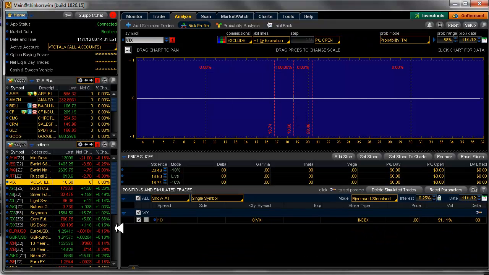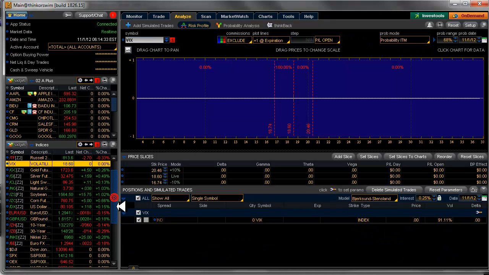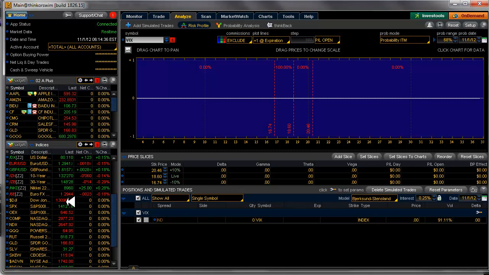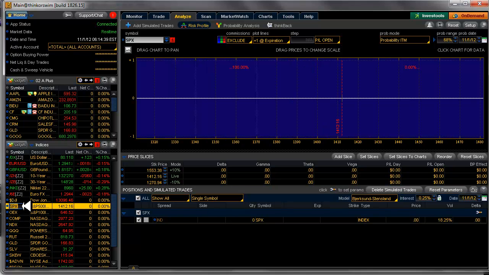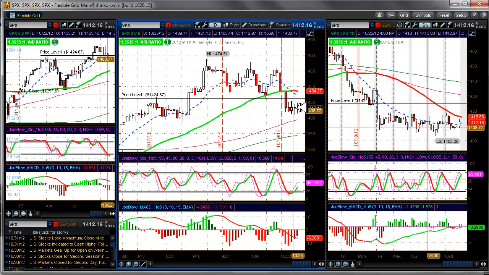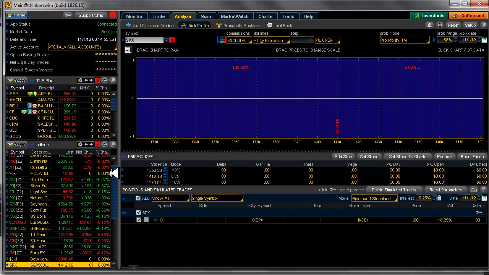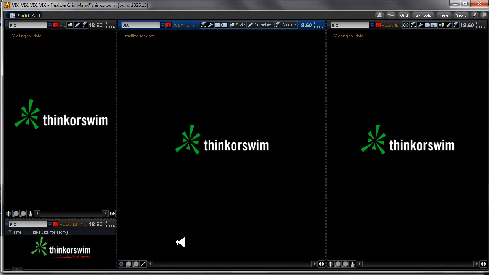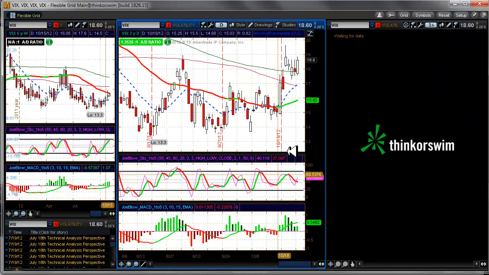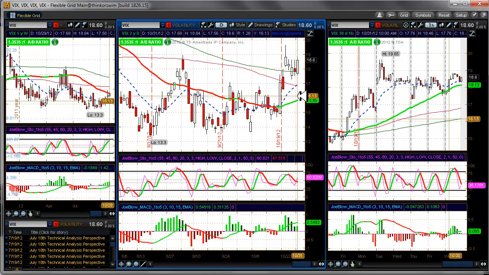If we take a look at this, if we look at the Dow, it doesn't show us here. But the VIX is based off the S&P 500, so if we take a look at that, yesterday it was up a little bit, but the VIX was also up, and the VIX really should only be going up when the market's going down, usually.